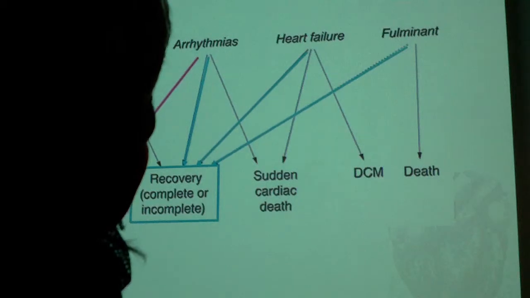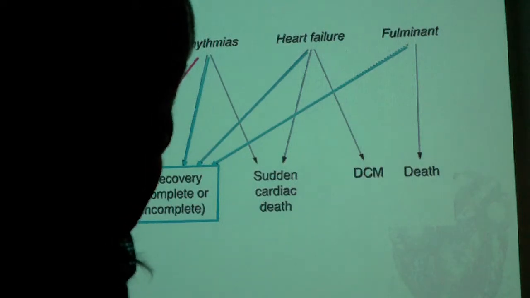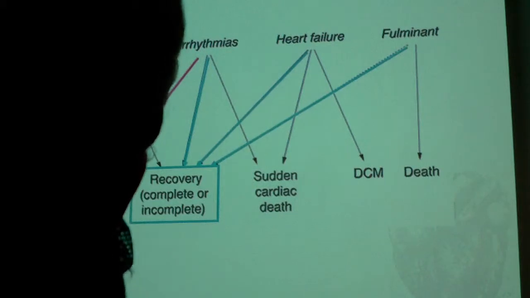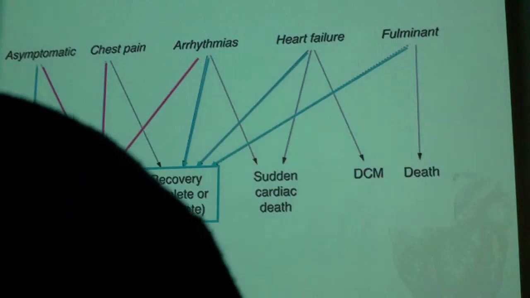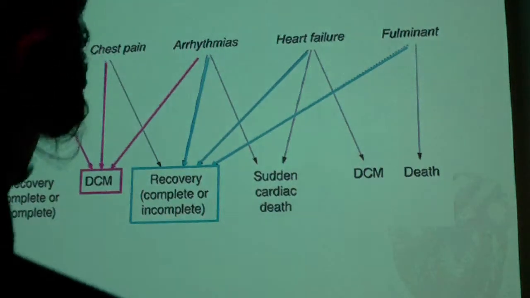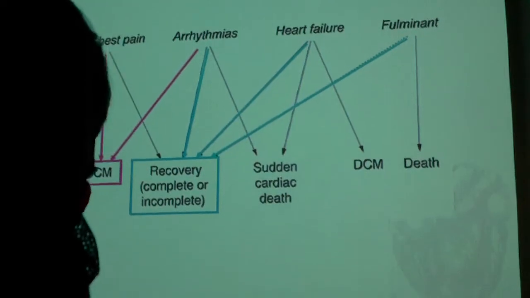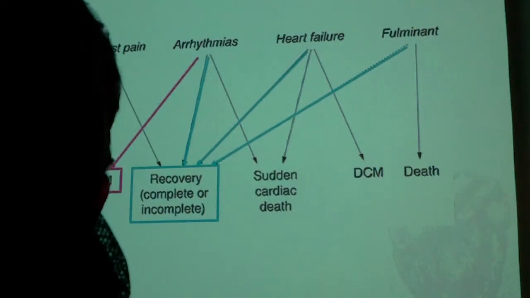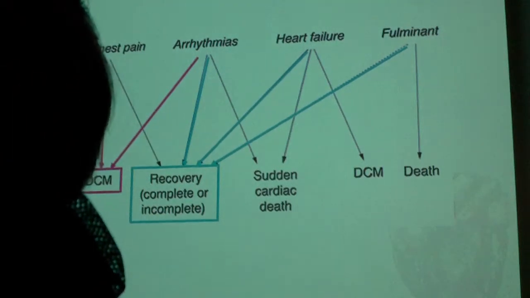The problem is we see a lot of patients and they all have specific symptoms. They may be asymptomatic, they may have chest pains, arrhythmias, palpitations, they may present with heart failure, they may present with extreme, fulminant heart failure, and they can have any or none of these symptoms. And with the clinic, we cannot distinguish which group these patients are in. And depending on which group they are, they may also develop in all stages.